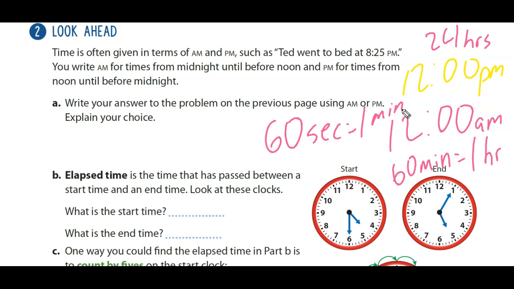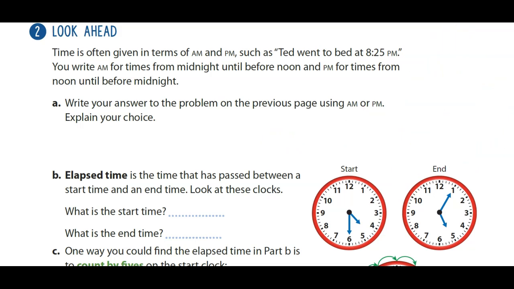It's a weird, figure it out. But anyways, that's what they're talking about AM and PM. That's my point. Okay. Says such as Ted went to bed at 8:25 p.m. You would write AM for times from midnight to noon, and PM for times from noon to midnight. Okay, just basically what I was telling you.